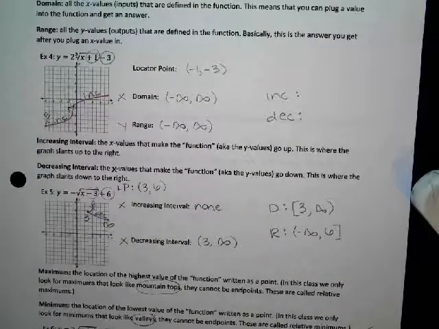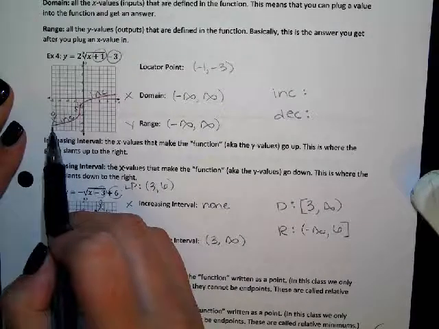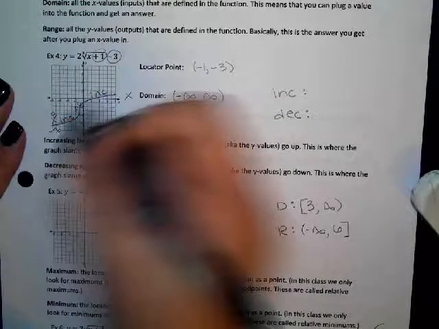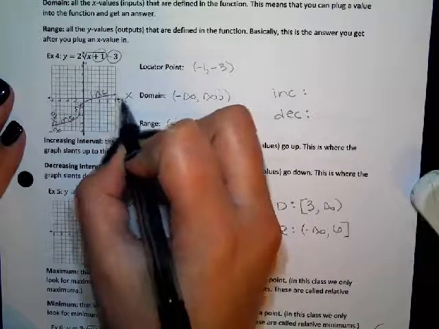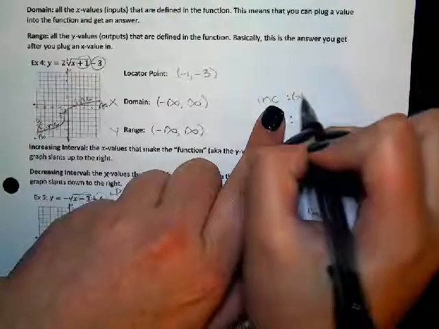We are in America. We go left to right. What is this x value? And then what is this x value? And so what is our answer for increasing? And so based on the picture, what's our answer for decreasing?